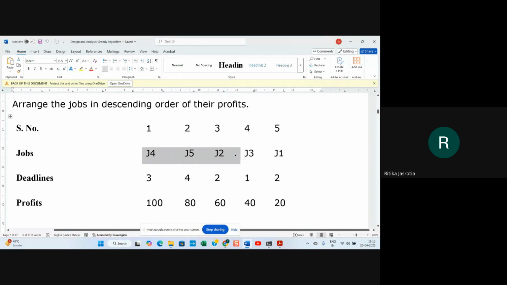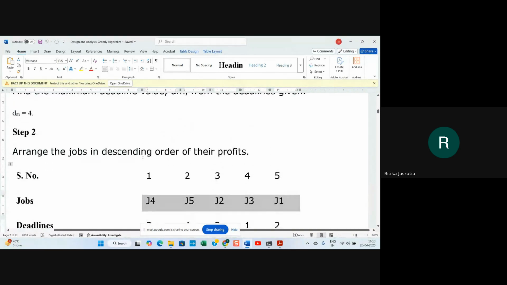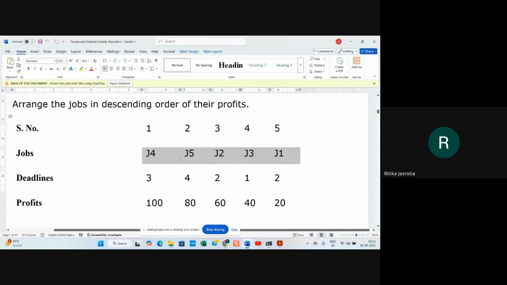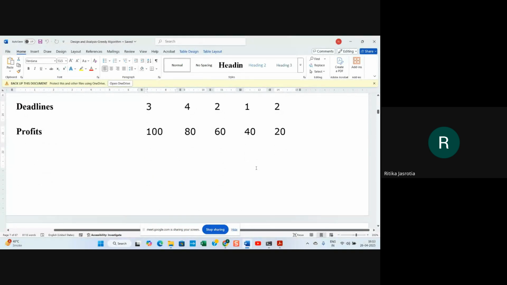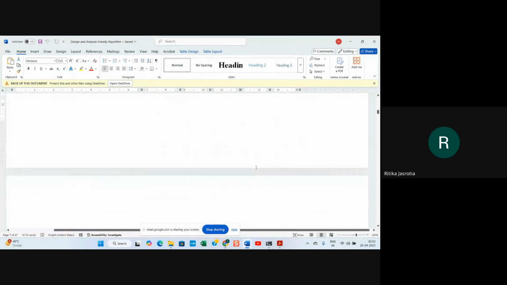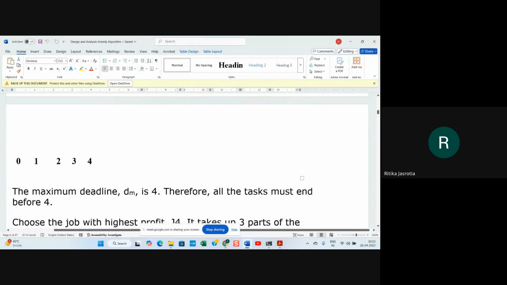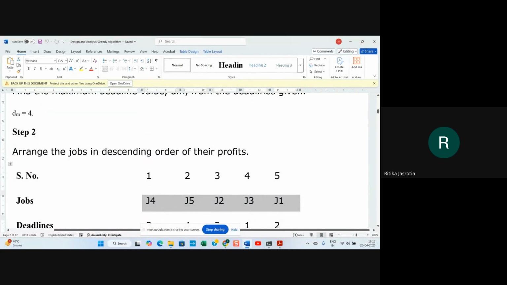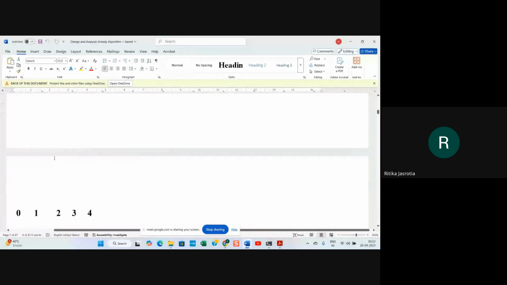So according to the profits, we have put the jobs, their deadlines and their profits in descending order, from maximum to minimum. So we have put it. So the maximum deadline is 4.